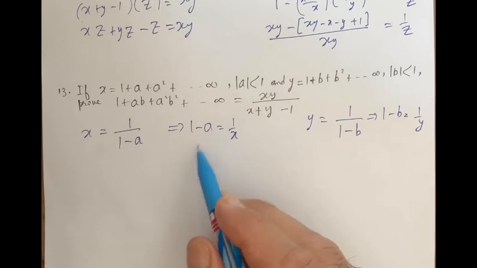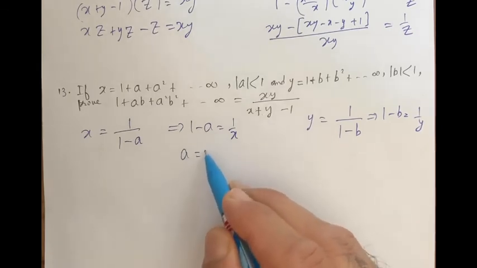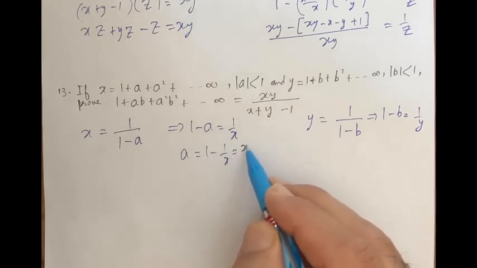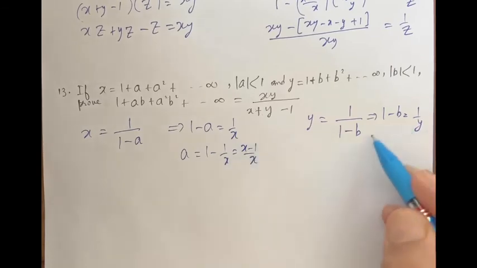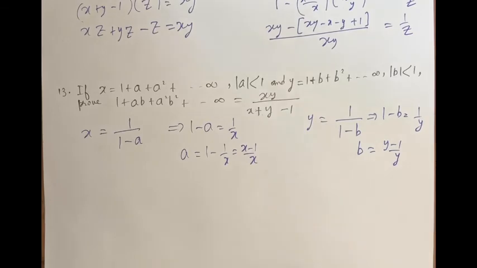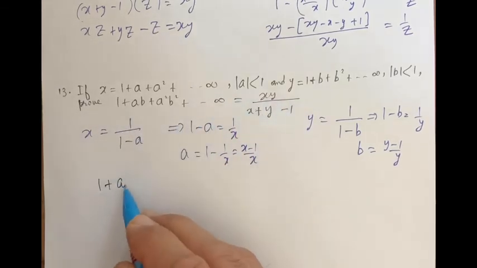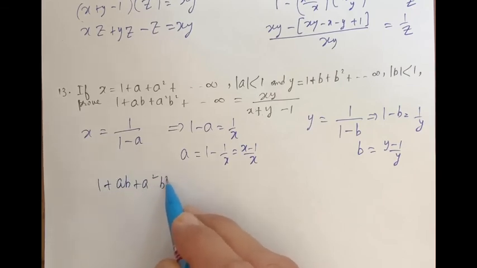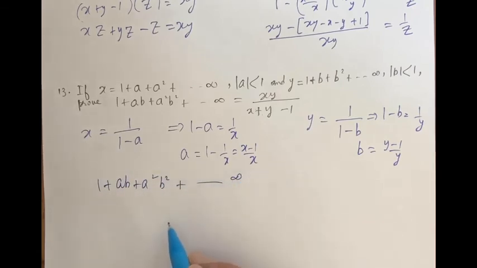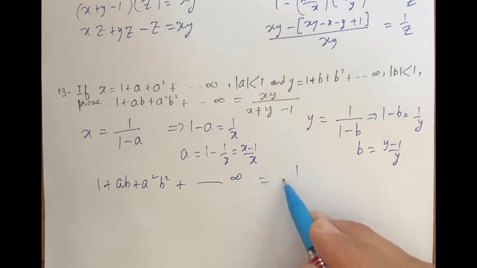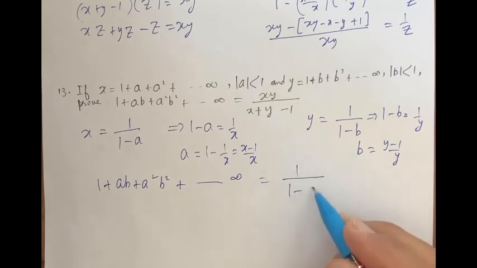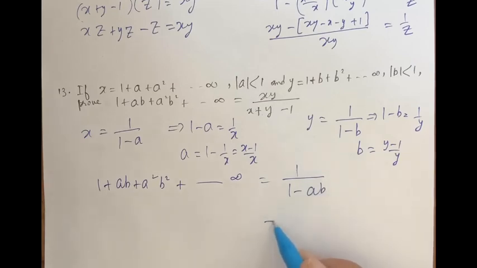We can find out a from this. A is 1 minus 1 by x, or x minus 1 by x, and similarly b from this will be y minus 1 by y. Now we have to find out sum of this series, 1 plus ab plus a square b square, so on up to infinity. This sum is first term 1 upon 1 minus common ratio. Common ratio of this series is a into b, and we can substitute values of a and b.